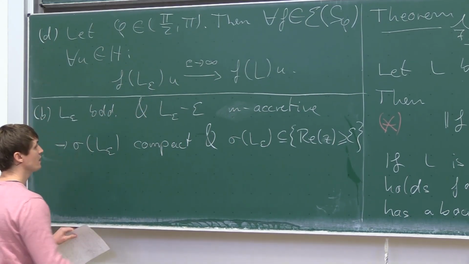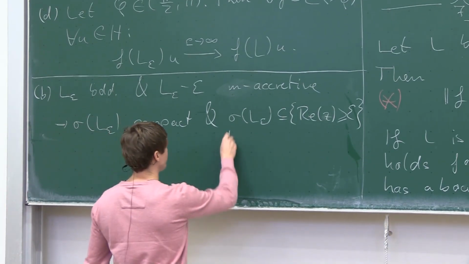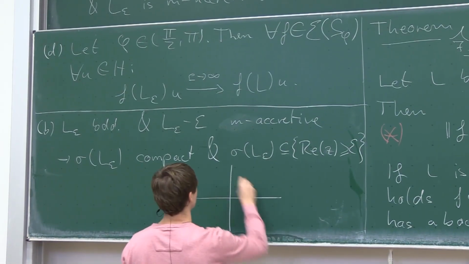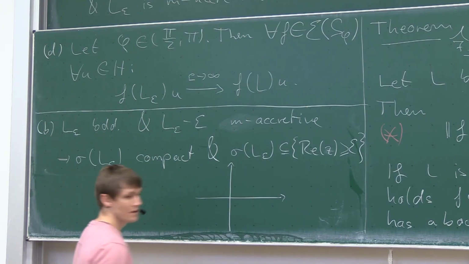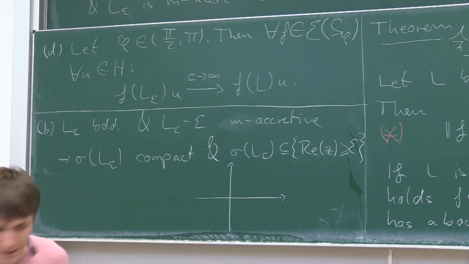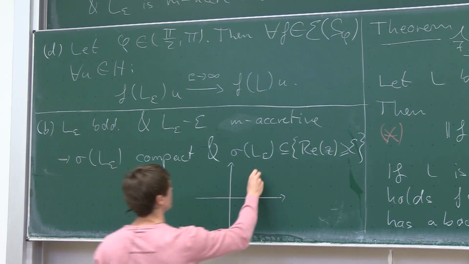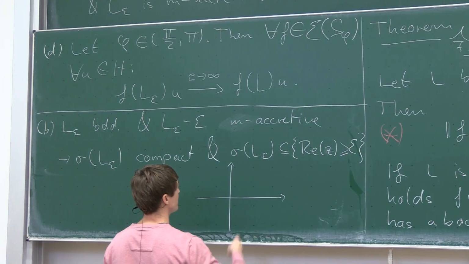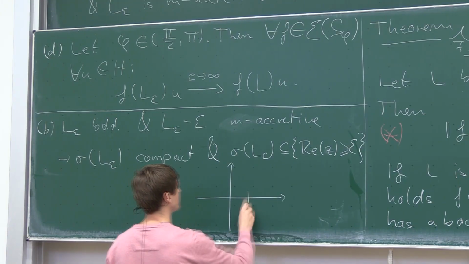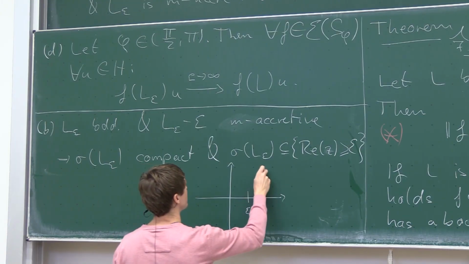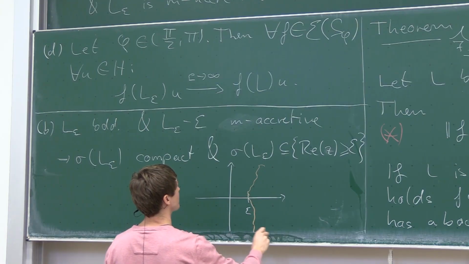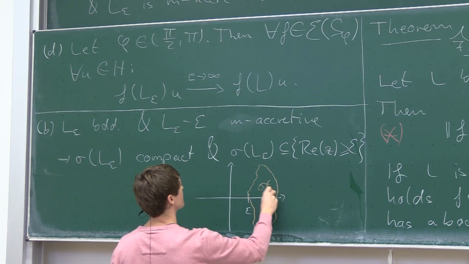Okay. And if we paint a picture here, we thus know that the spectrum is compact and it's here to the right of epsilon. So let's say epsilon is maybe here. So the spectrum would be somewhere here.